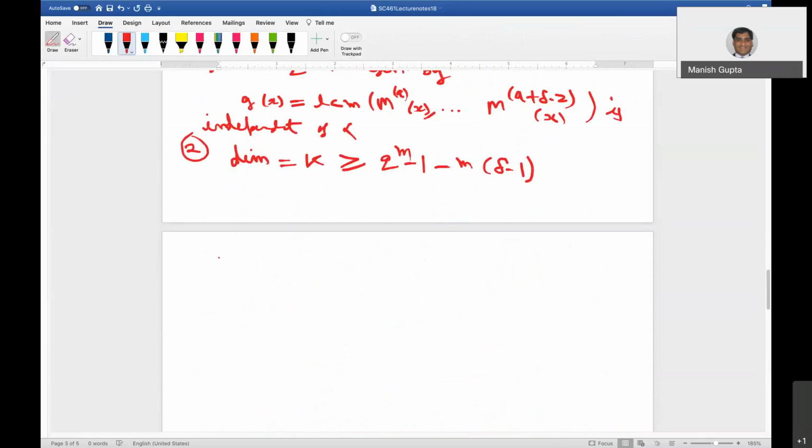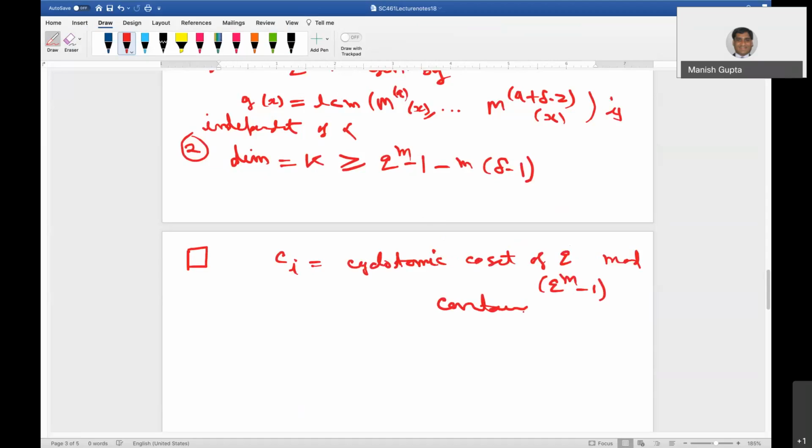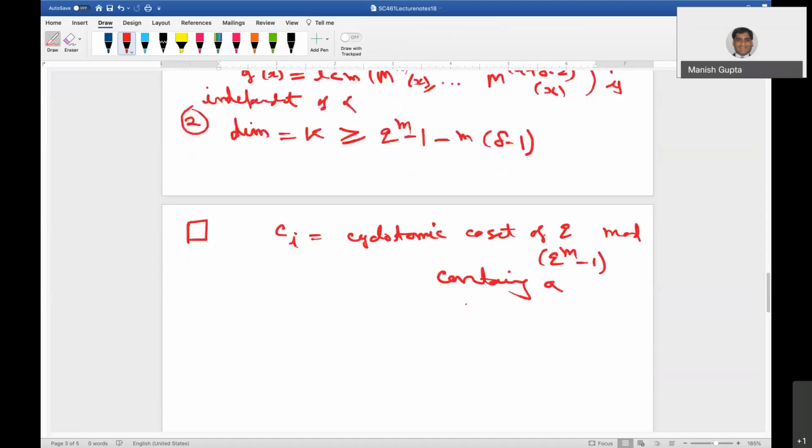Okay, so the proof for this dimension is, so suppose Ci is the cyclotomic coset. Remember, we have to work with the minimal polynomials, and the minimal polynomials can be constructed using cyclotomic cosets. The cyclotomic coset of q modulo q raised to power m minus 1 containing a. Okay, Ci is the cyclotomic coset.